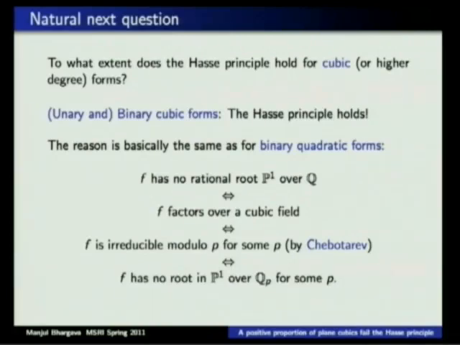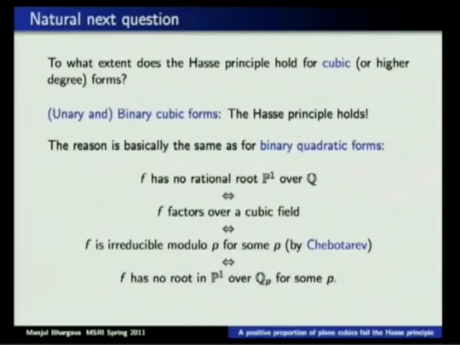And you'll notice that cubic was used in a very essential way in this argument. Try replacing cubic by quartic, and the argument doesn't quite work. What's really being used here is that f being irreducible is the same thing as having no rational root, and that's true only for quadratics and cubics, but not beyond that. So the Hasse principle is true for cubic forms in one or two variables.